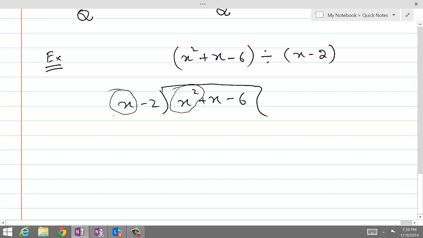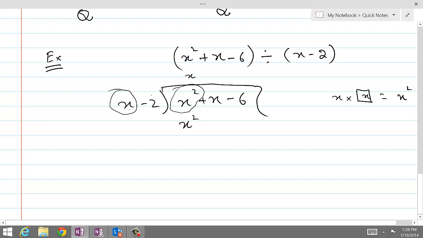What should we multiply x with in order to get the inside term, which is x square? Obviously the answer is x, because x times x is equal to x square. So therefore we write x here, and x times x is here x square.